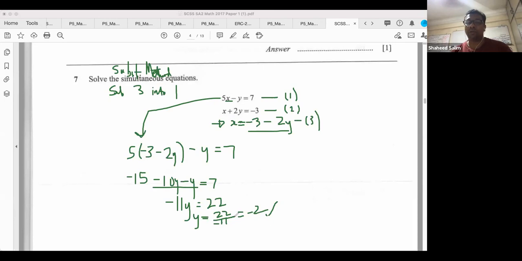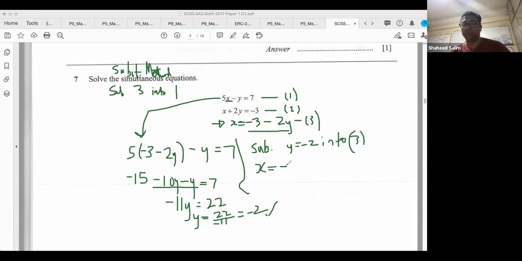Substitute y equals minus 2 into 3 straight, because you want to find x, right? So x equals, we copy the third one, minus 3 minus 2y. y is minus 2.